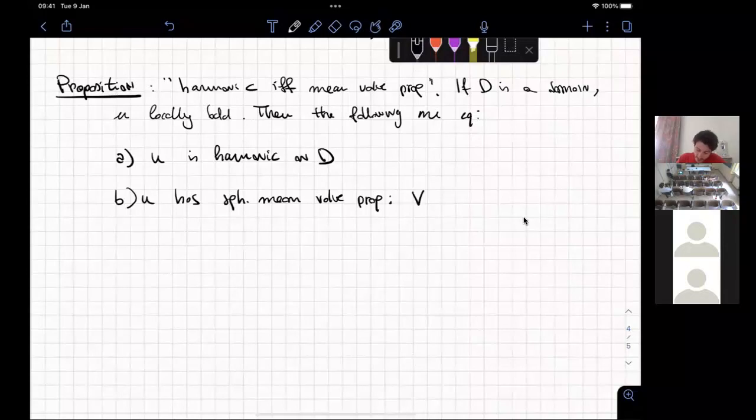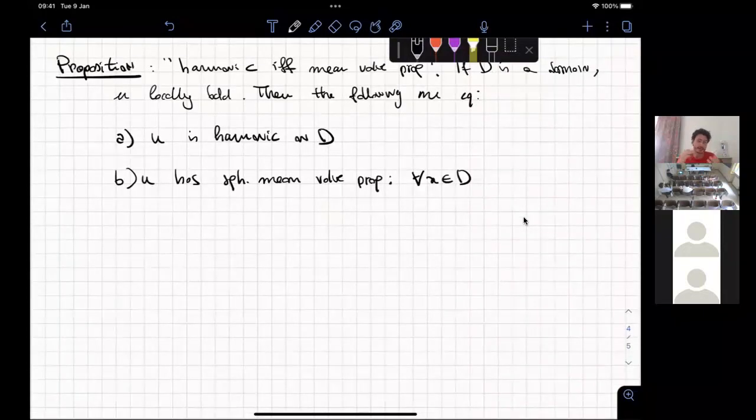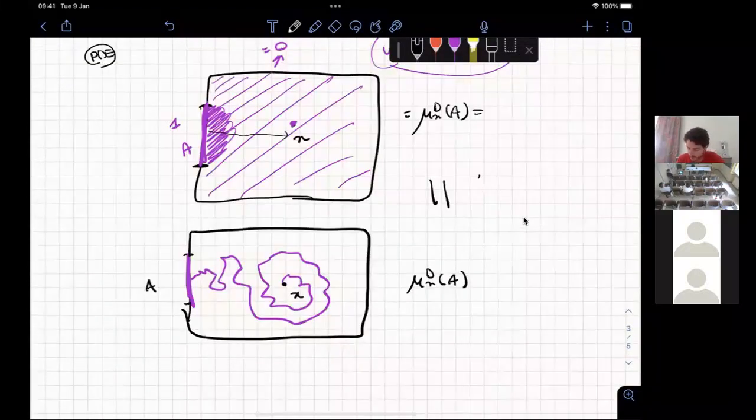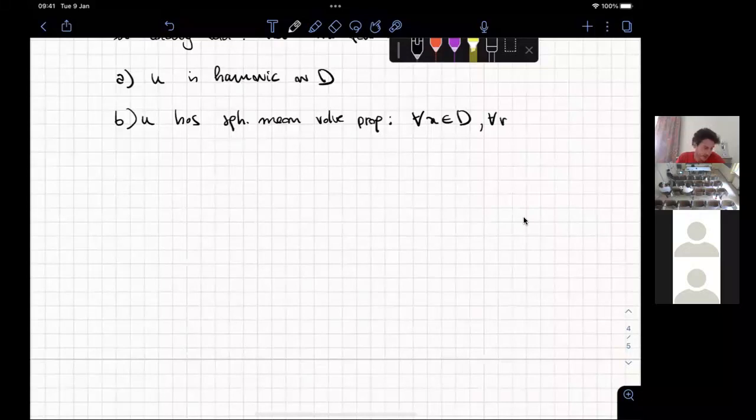Which means that for every x in D, so fix a point in the domain and take a ball centered in that x, which is again contained in the domain. The domain is open, so you are always allowed to find such a ball. So for every x in D, for every r greater than 0 such that the ball B(x,r) belongs to D, it holds this fact.